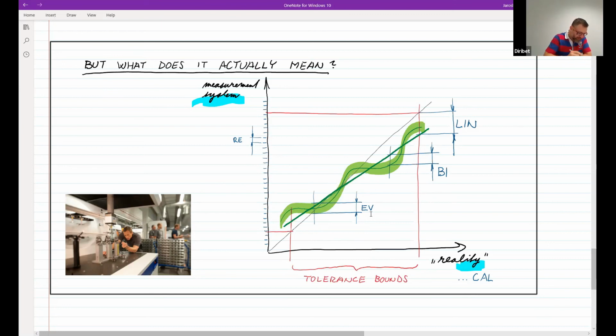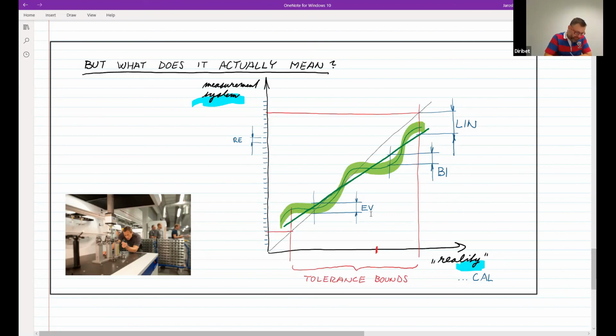So let's think of it this way. If there is some real value like this, it is already being offset by the calibration error to some degree.